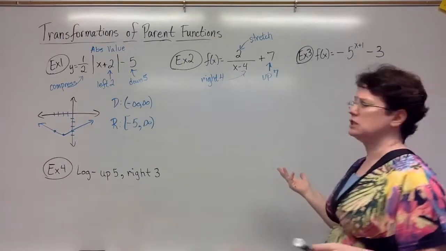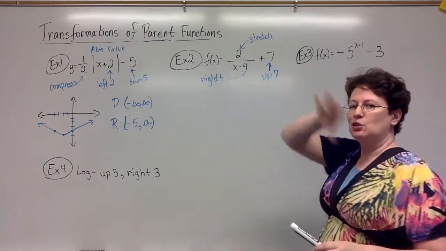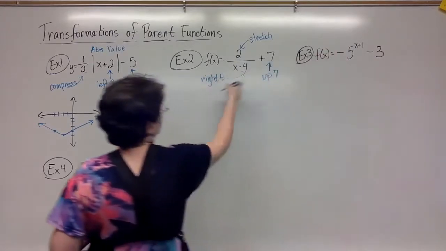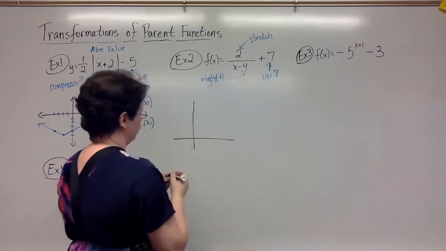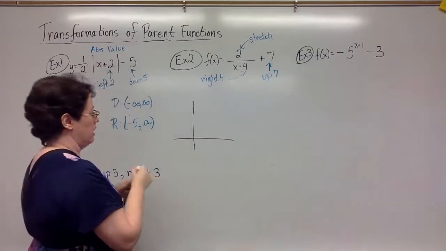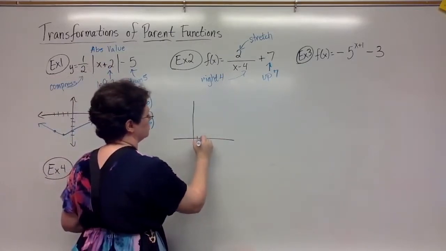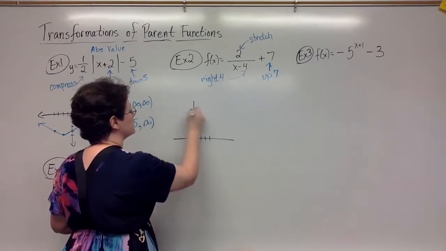Oh, what kind of function is this? Fractional, rational. It's got the 2 parts, right? It goes high, goes low, doesn't meet in the middle. So we went right and up, so I'm going to draw my graph a little off so that we can see that we went right and up. So we're going right 4, 1, 2, 3, 4, up 7, 1, 2, 3, 4, 5, 6, 7.